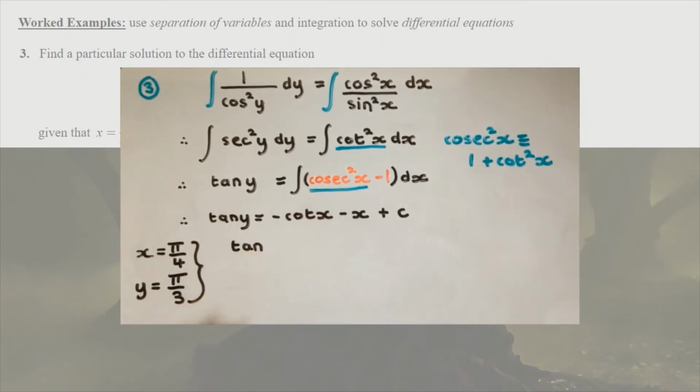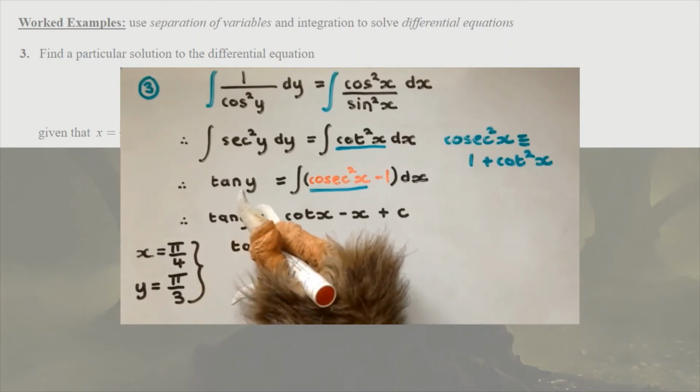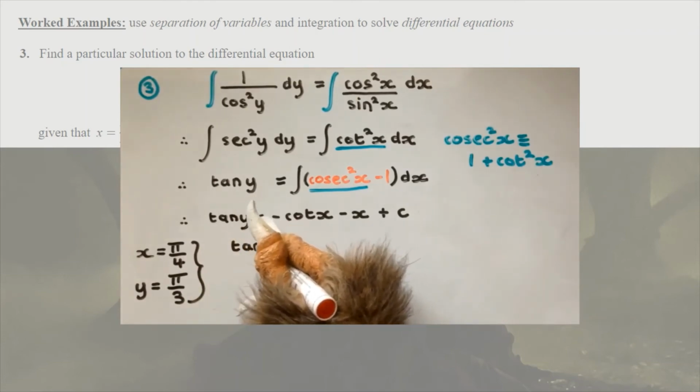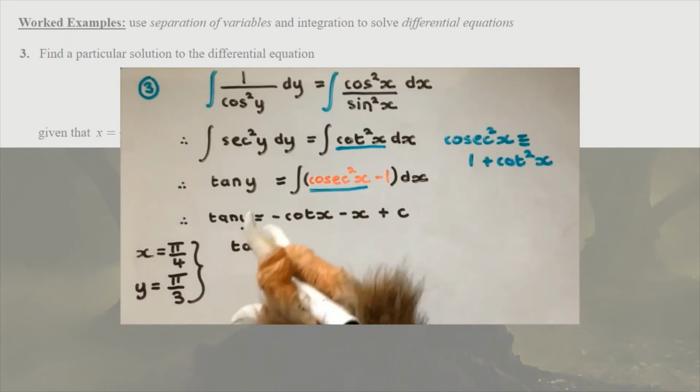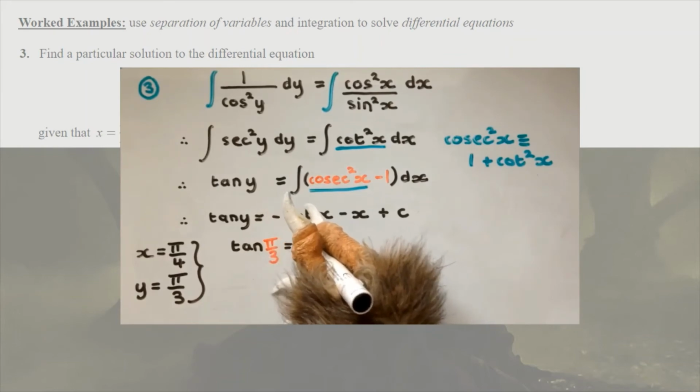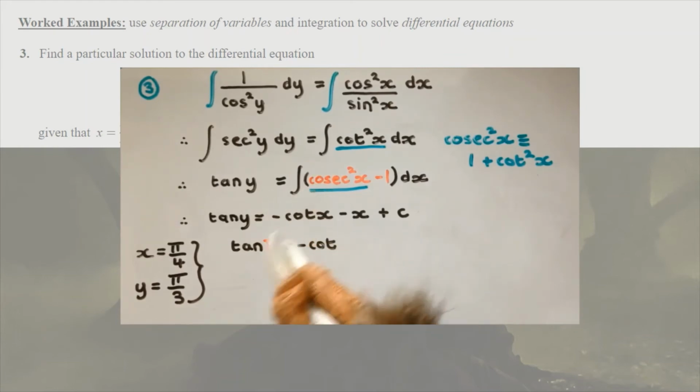If we substitute those two values in, tan of pi over 3, of course, subbing it in, that's y, that's equal to negative cot of x, which is pi over 4.